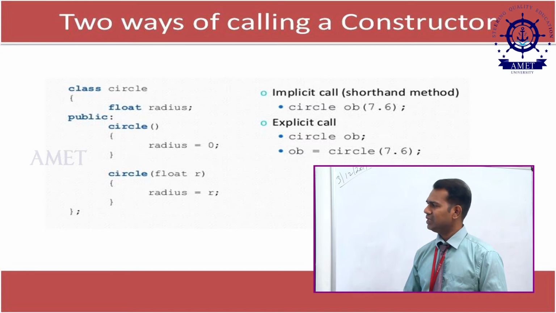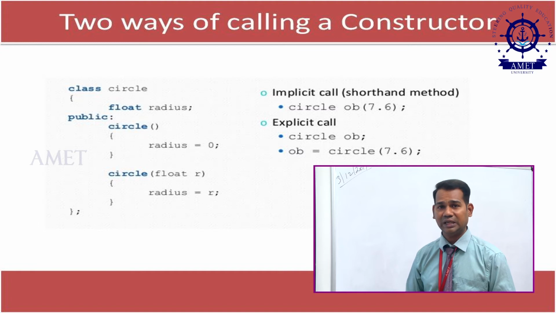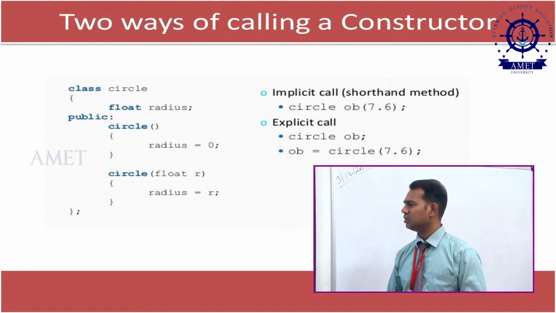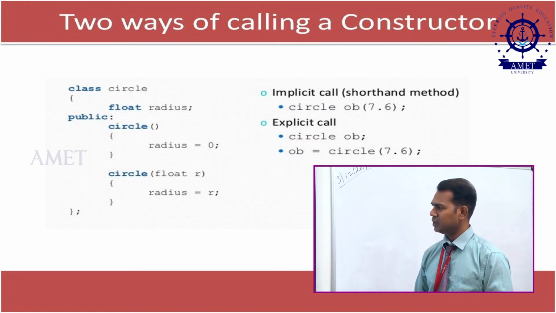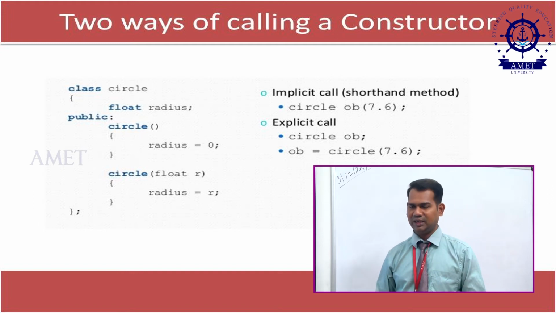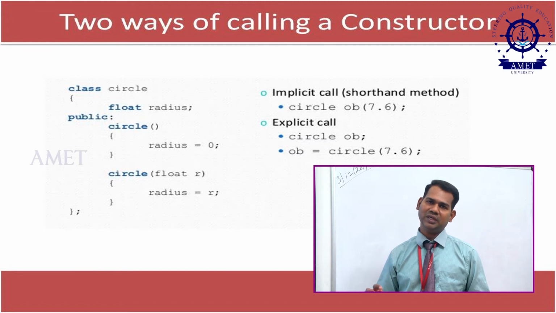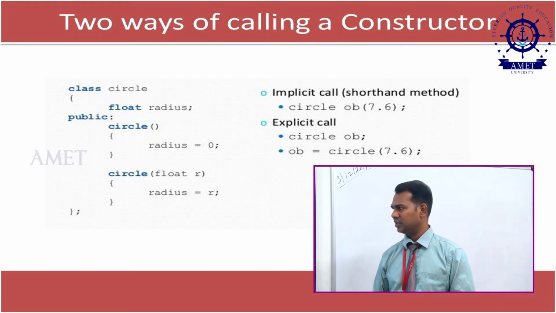So we have circle OB in a separate line, which is purely called object declaration, and in the second line, OB equals circle, we pass a float value over there, which is initialization. So the first one is dedicatedly the declaration, and the second line is not a declaration, it is called initialization. Here also we pass some parameter. If that parameter matches any constructor in your program, that constructor will be executed, and we can see the result over there.